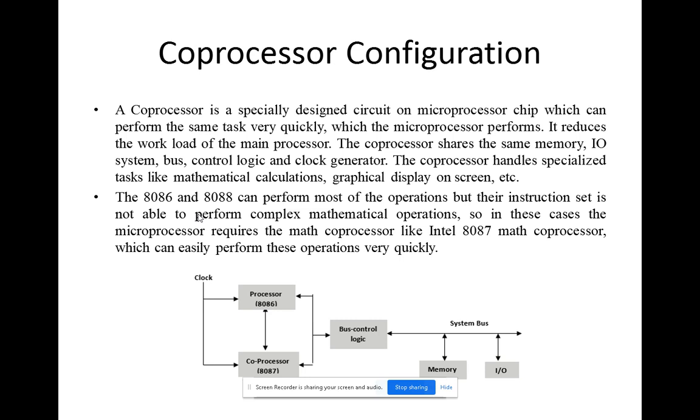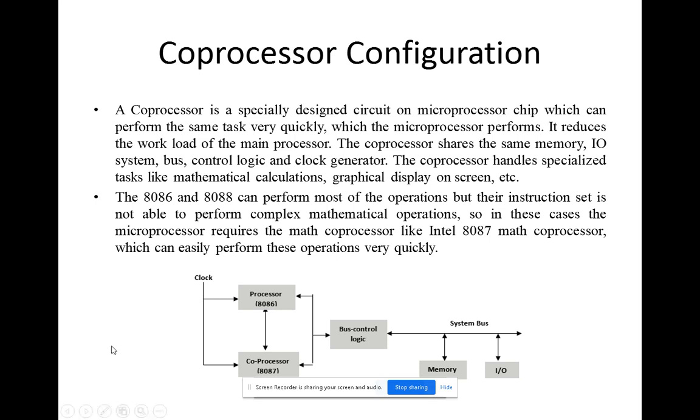First one, co-processor configuration. A co-processor is a specially designed circuit which can perform quickly the same task that the microprocessor performs. Here the co-processor means one more processor with the 8086.